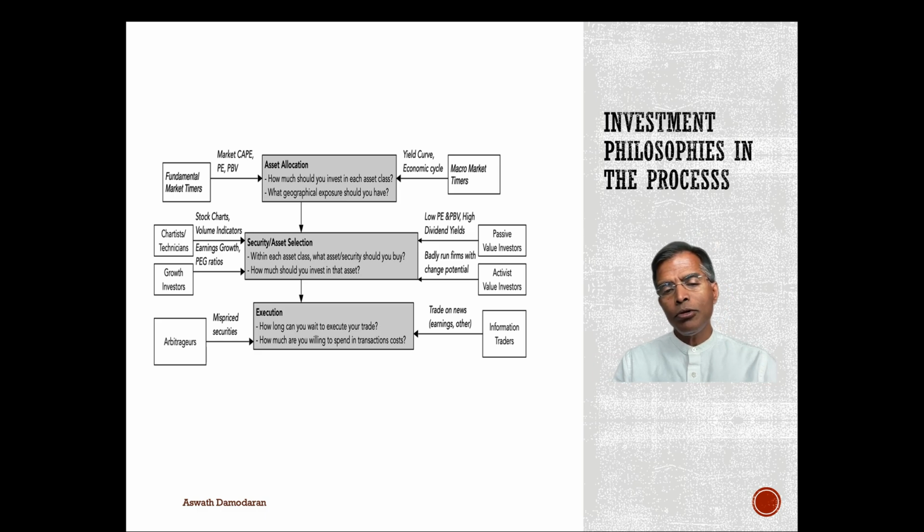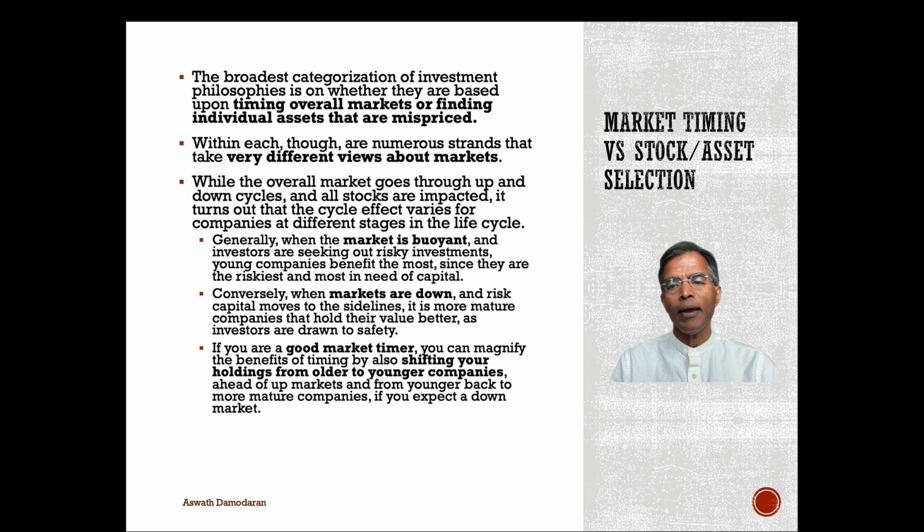You also have people who try to exploit the fact that markets might not react appropriately to information. I call them information traders. We talked about markets overreacting to earnings. These traders come in and try to take advantage of that mispricing around information trading. Every investment philosophy you see out there is somewhere in here, and you've got to decide where your game is. What are you trying to play?